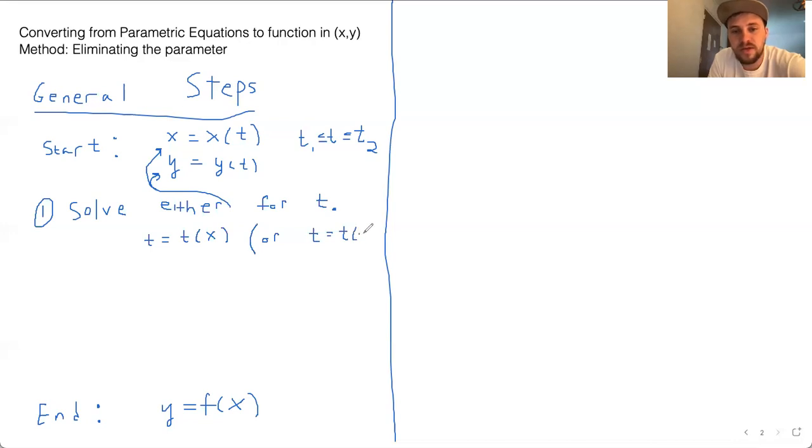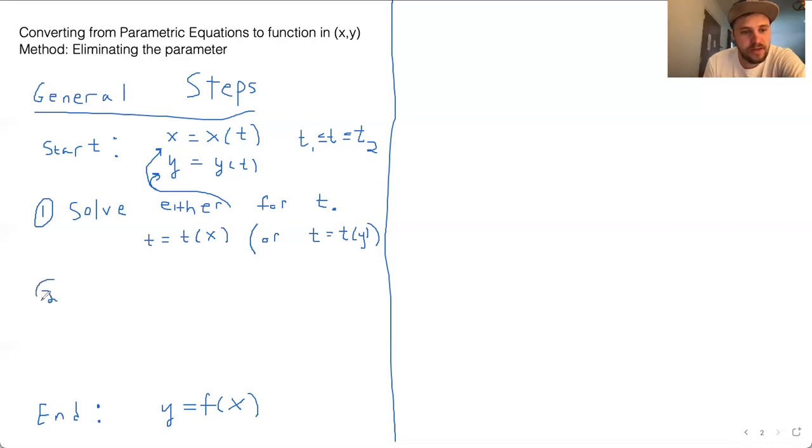So you pick one of these parametric equations and you solve for t. We have them solved for x in terms of t, but you want to solve either of these equations for t in terms of whichever variable you picked, right? So if you pick the equation x, you want to solve for t in terms of x. If you pick y, same thing for y.